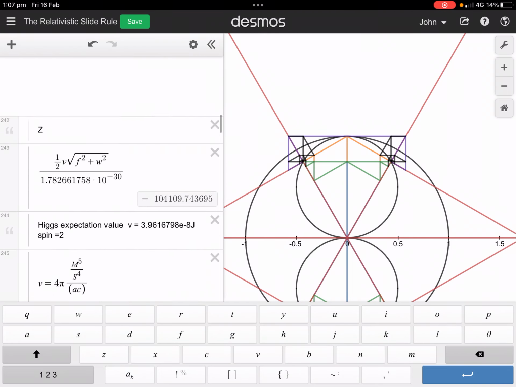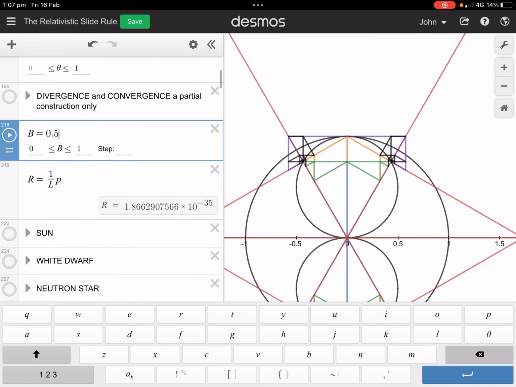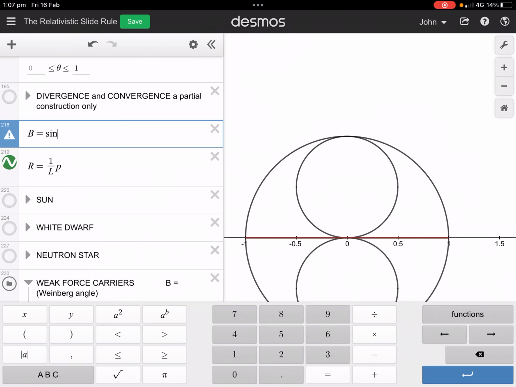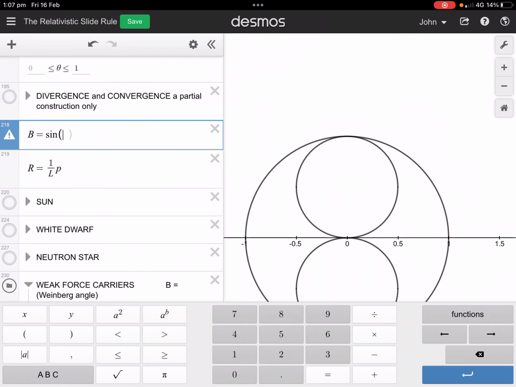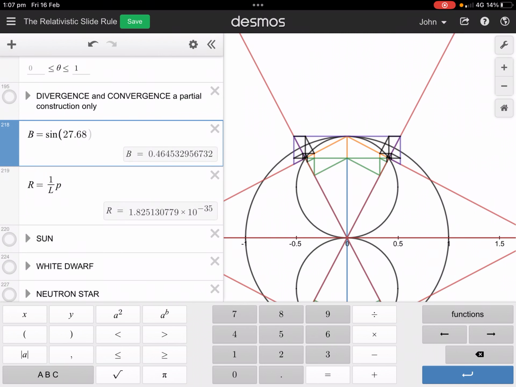Okay, so I might have to drop my sine from 30, and in this case I find I have to drop it right down to 27.68, which is only about 0.464 B value.